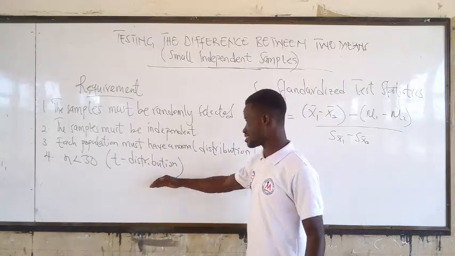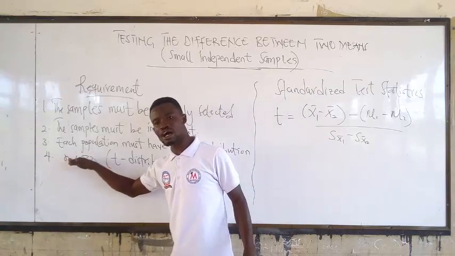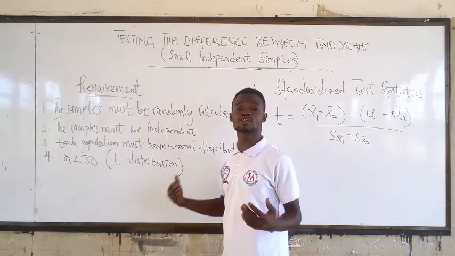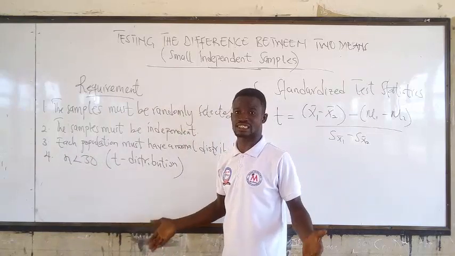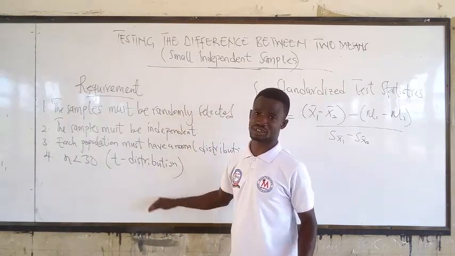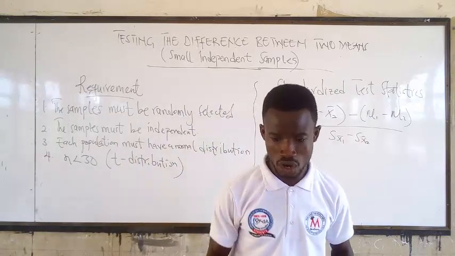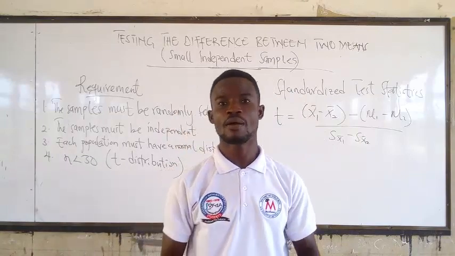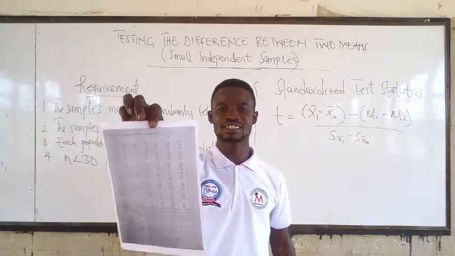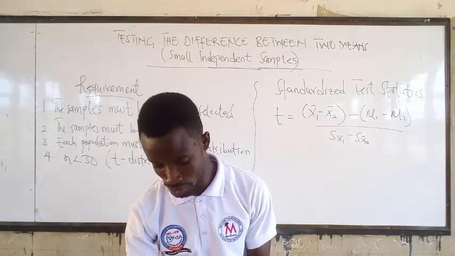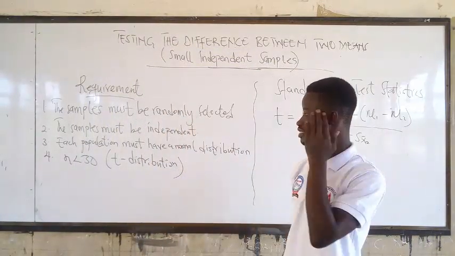So even though it is going to be independent, the sample size will be less than 30. That means that we are using the T distribution. Because of that, you have to make your T distribution table available with you. Alright, so we will be using it and you know how to use it already.